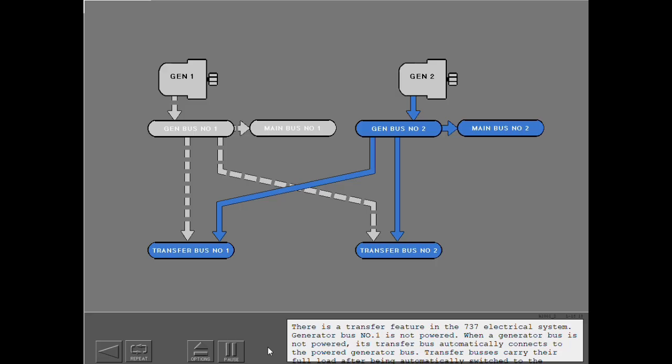Generator bus number 1 is not powered. When a generator bus is not powered, its transfer bus automatically connects to the powered generator bus. Transfer buses carry their full load after being automatically switched to the alternate source. Most of the electrical system remains powered with the exception of the generator bus and its associated main bus.